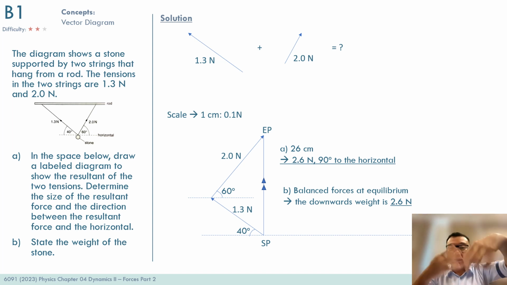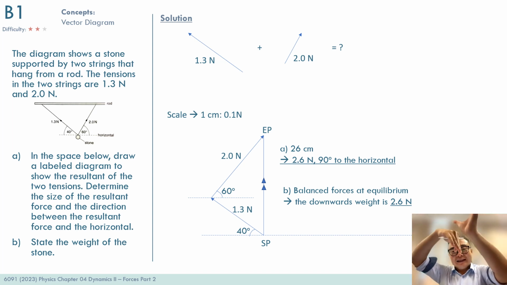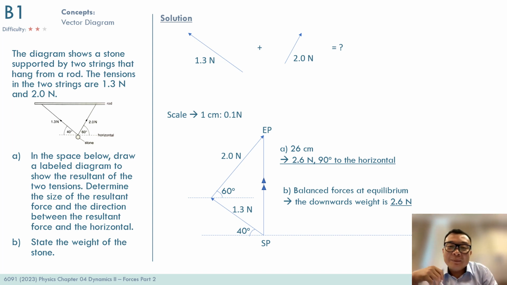And we know that these forces are all balanced because the stone isn't moving, it's stationary, it's at equilibrium. So whatever outward force there is must be there to balance the downwards weight. If the total outward force amounts to 2.6 newtons as per your answer in part A, this will therefore mean that the downwards weight is also 2.6 newtons.